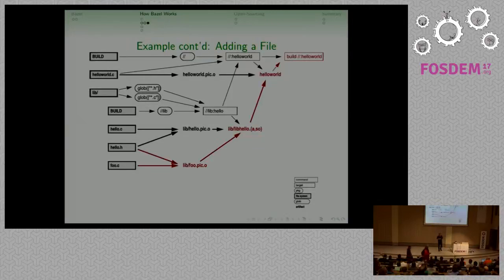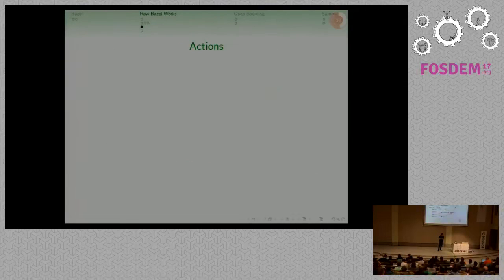So again, the point I'm trying to make is that by really recording everything that went into that build, we can detect changes and we're not missing updates, so we can rely on it being correct, so we don't have to clean everything and start all over again.